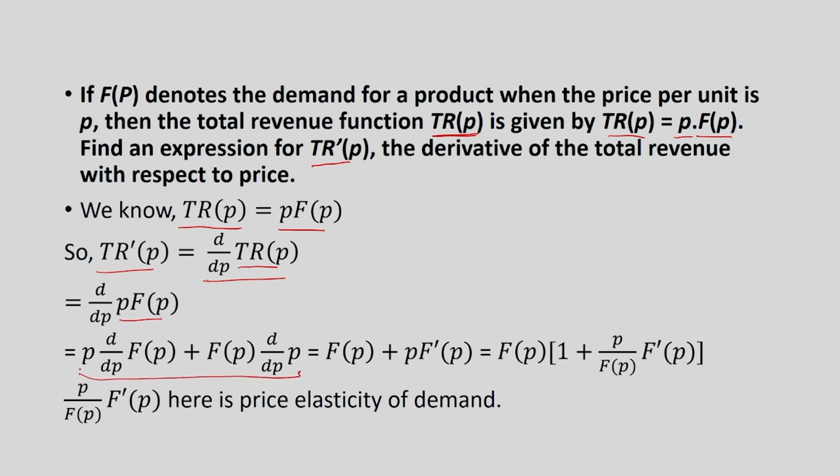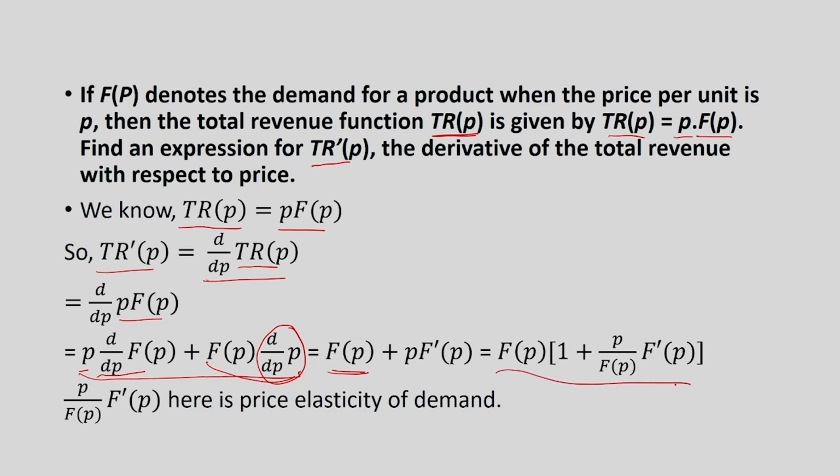We take out p here and differentiate f(p) with respect to p, and plus f(p) multiplied by dp, that is the derivative of price with respect to price. And this will give me f(p) from the second term. We are going to get f(p) because this is 1, plus p multiplied by f prime p. f prime p is the derivative of the demand function with respect to price.